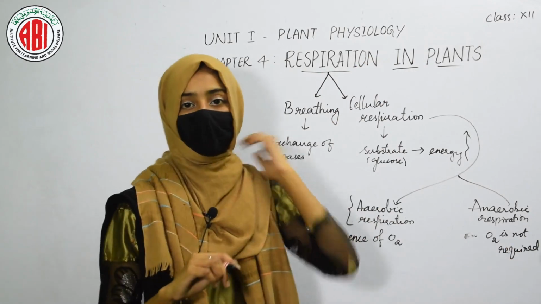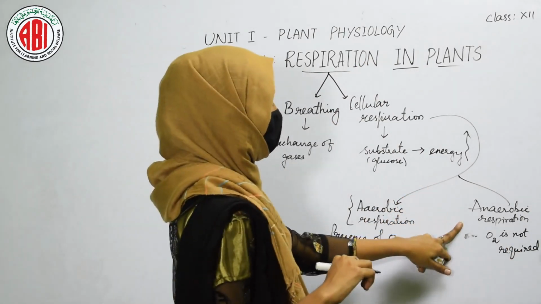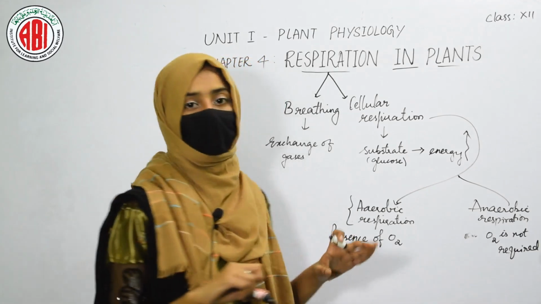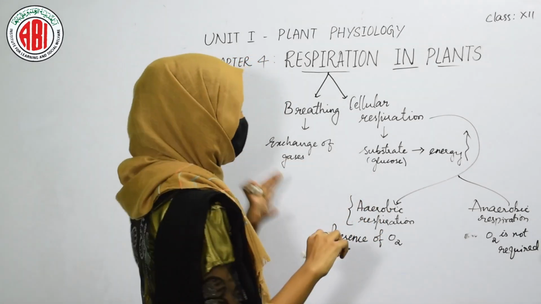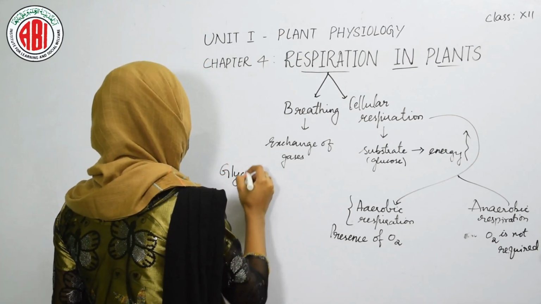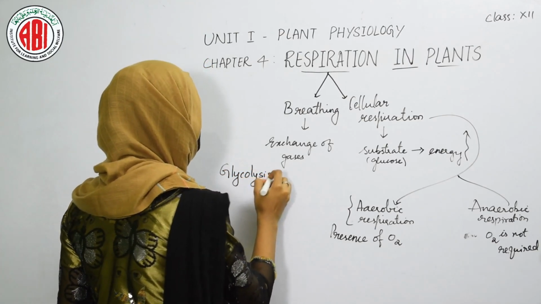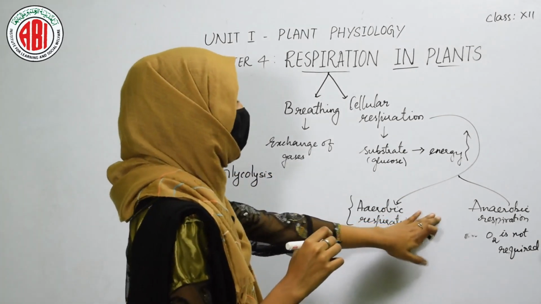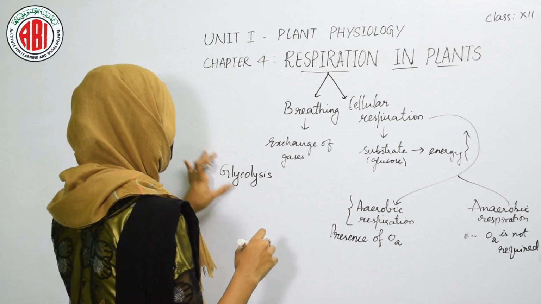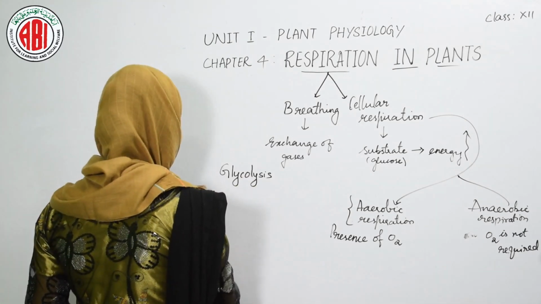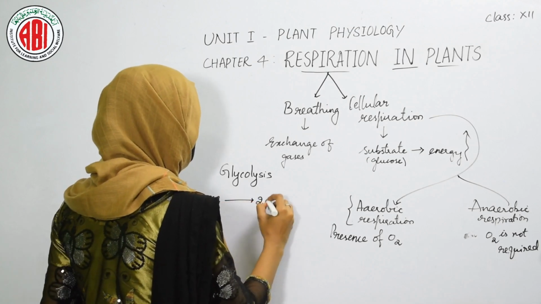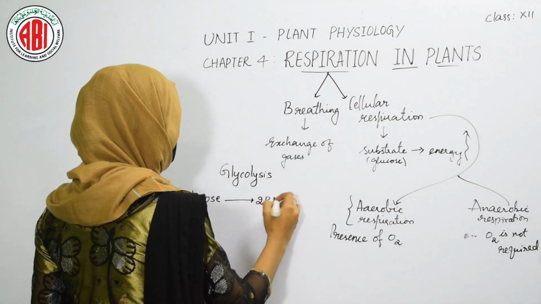Let us first talk about anaerobic respiration, which takes place in the absence of oxygen. The first step in anaerobic respiration is glycolysis. Glycolysis is a step which is common in both aerobic and anaerobic respiration. So anaerobic respiration starts with a pathway called glycolysis. Glycolysis is where glucose gets converted into two molecules of pyruvic acid.